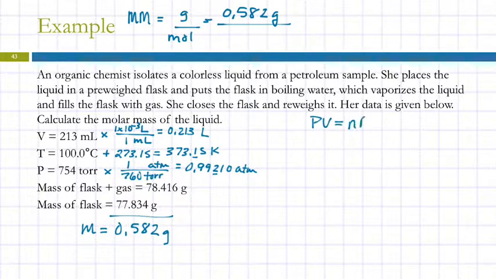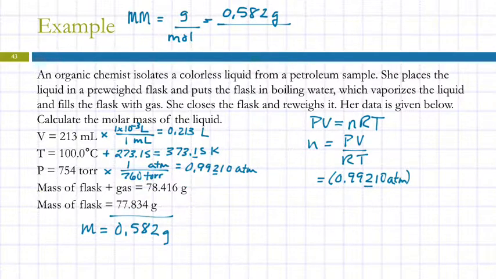PV equals nRT. We rearrange that, we get n is equal to PV over RT. Pressure, 0.99210 atmospheres. Volume, 0.213 liters.